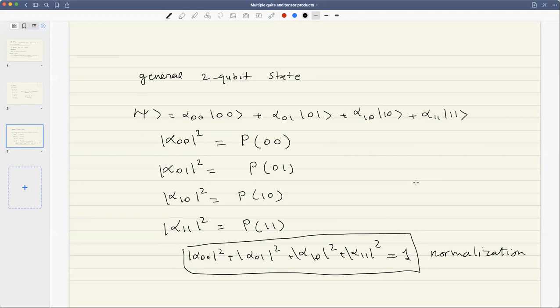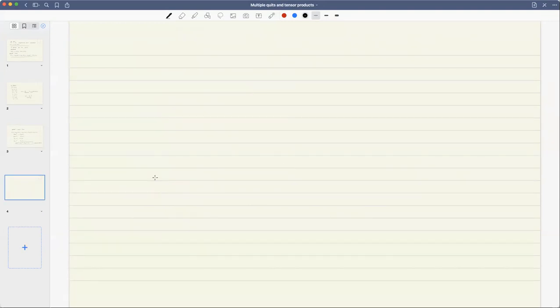Okay. So let's work out a quick example. Consider a state.